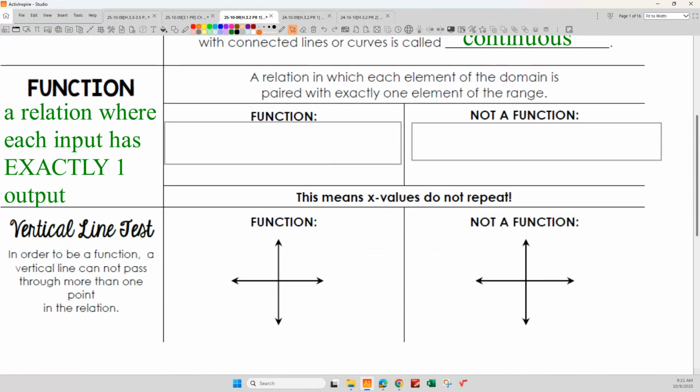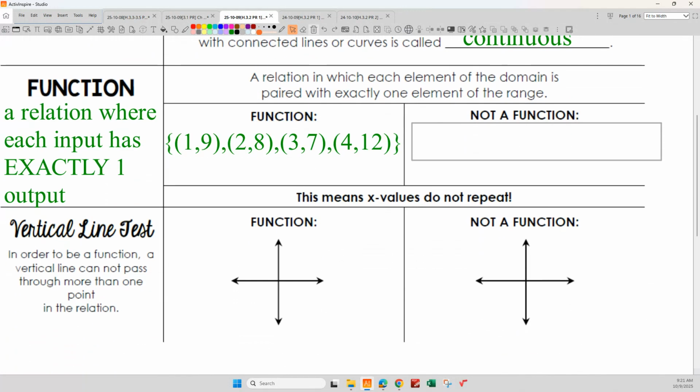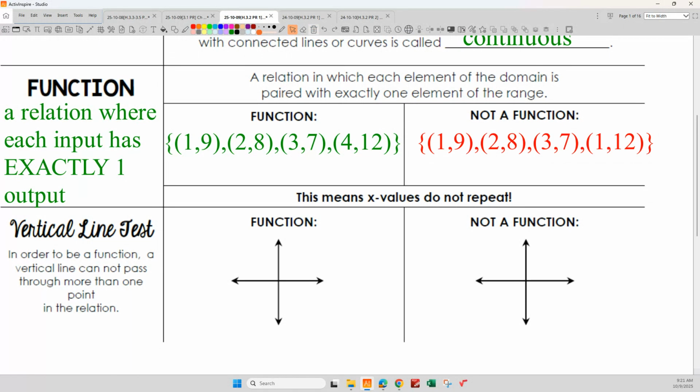Here's an example of a set of ordered pairs. Why is that a function, but this is not? In the red relation, there are 4 ordered pairs, and notice that 2 of those ordered pairs have the same input. 1 is my x input, but my y output could either be a 9 or a 12.